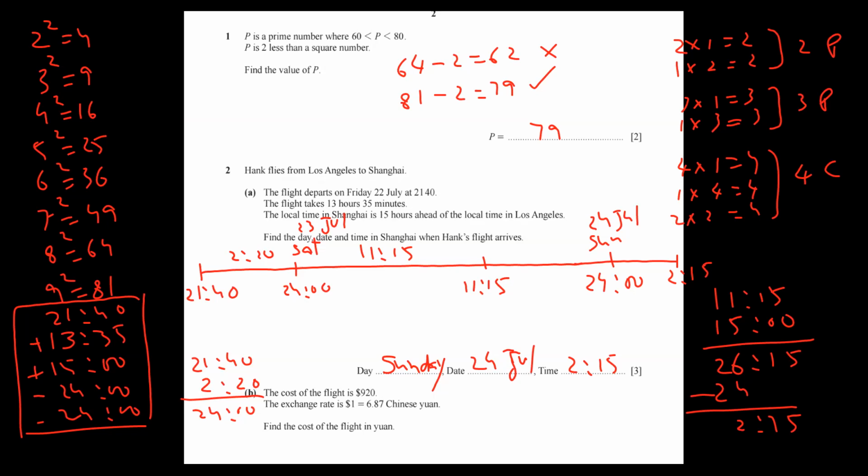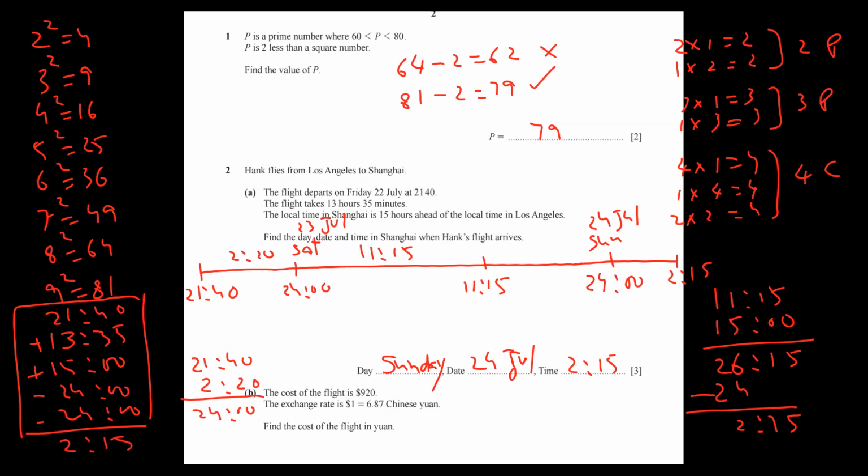Okay, so I think the idea is very clear. And one minute, let me check once again. 2140 plus 1335 and then 15 hours added and 24 subtracted, and we get the answer as 2 hours and 15 minutes. Alhamdulillah, because we got the same answer.